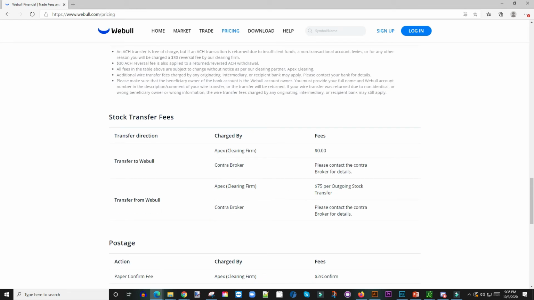Next one is stock transfer fees. For instance, if you have your stocks at Robinhood and you're trying to move them to WeBull, there is a fee associated with that. But since you're coming to the WeBull platform, WeBull would waive that fee for you, so you don't have to pay anything.